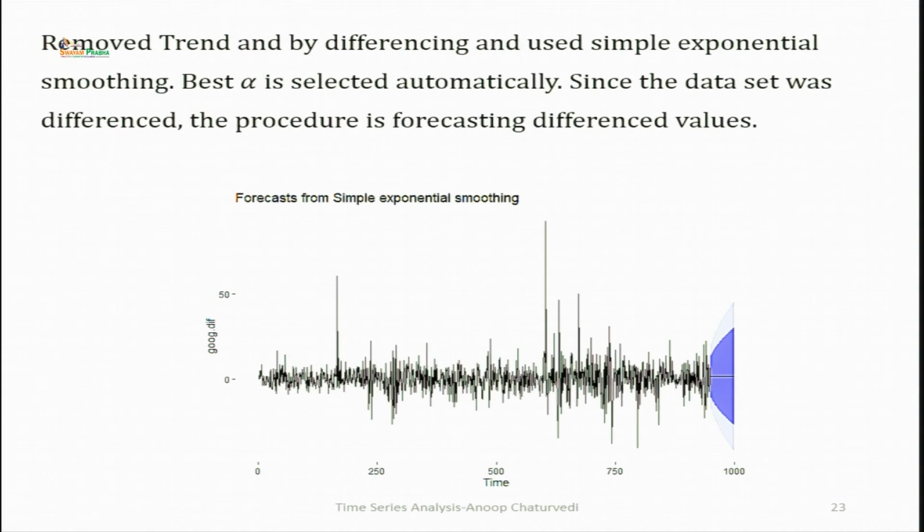Then we have tried to remove the trend and do the forecasting again. So, we removed the trend component by differencing the series and used simple exponential smoothing. And well, in both the cases I have used software to select the best alpha value. So, the best alpha value is selected automatically.